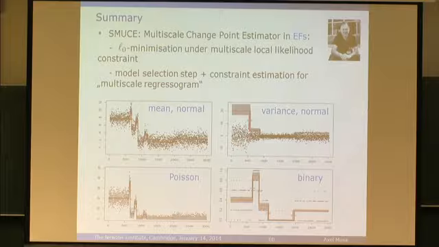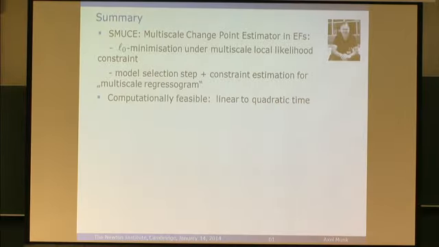And this gives you a constrained estimator, a constrained local maximum likelihood estimator, and I would call it maybe a multiscale regressogram. You can do it in many situations. I just showed you some applications here. It's computationally feasible. We are working on improvements, but at the moment it's between linear and quadratic time.